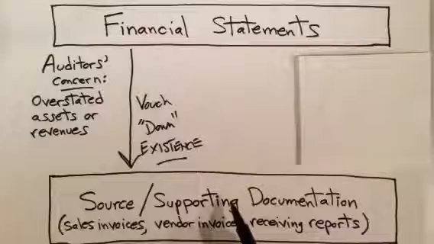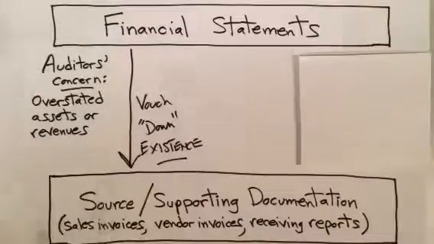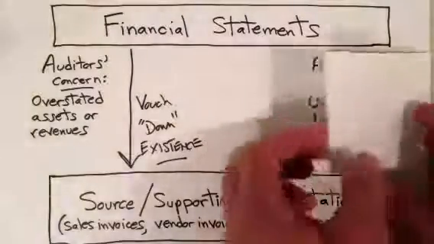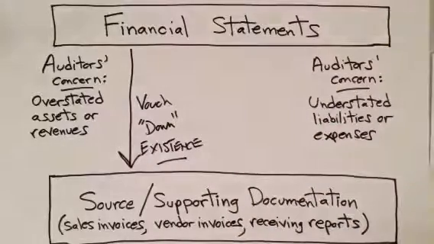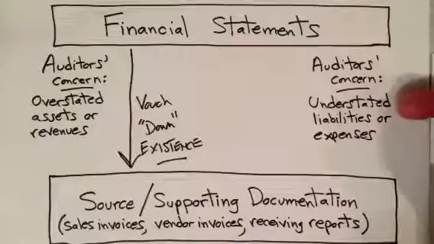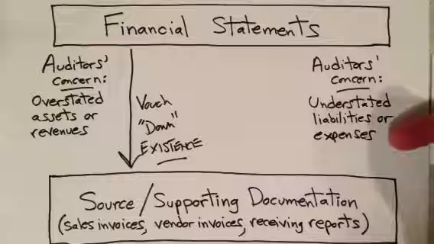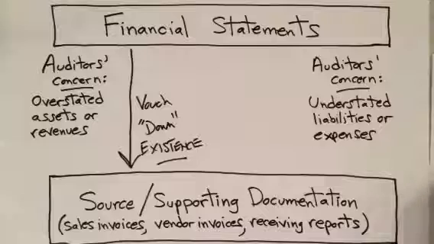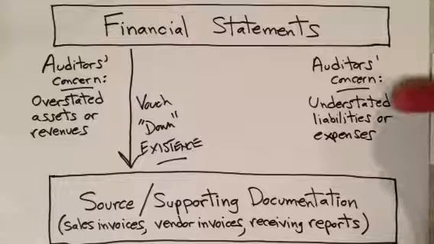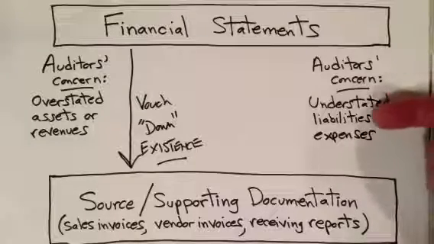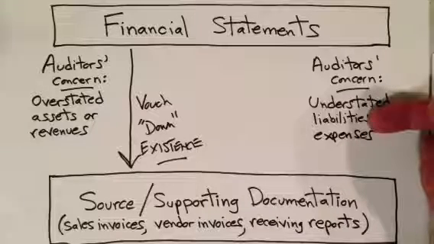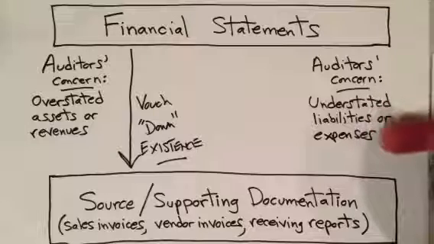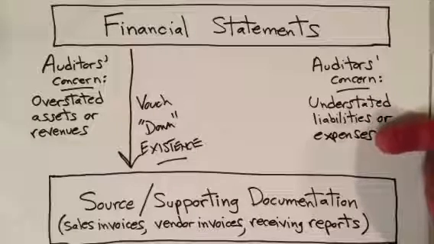Now, another thing that auditors are concerned about is the possibility that the client has understated liabilities or expenses in the financials. That is, it is possible that the client has material understatements of liabilities, that the balances are too low, lower than they should be on the balance sheet, and that certain expenses have not been reflected on the income statement.